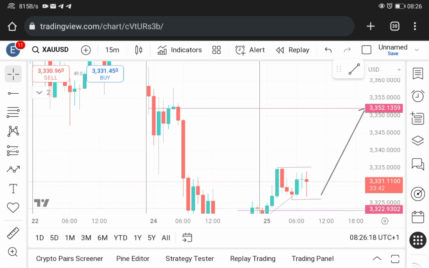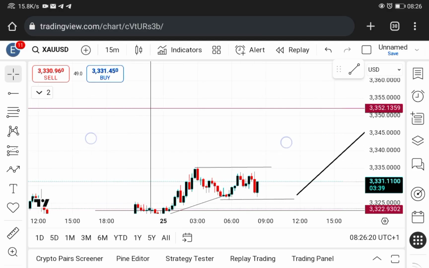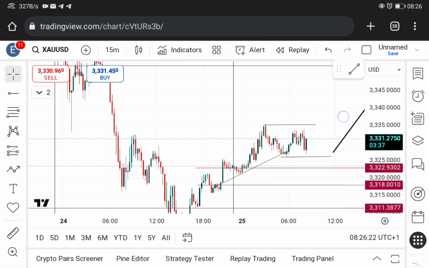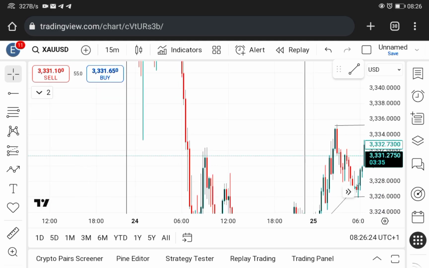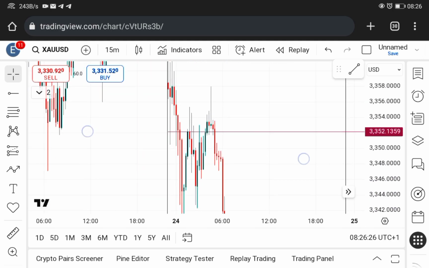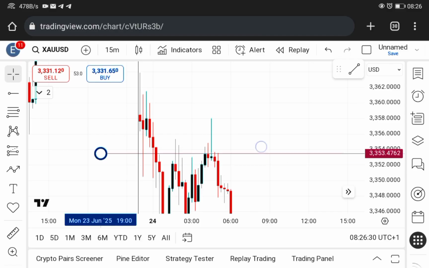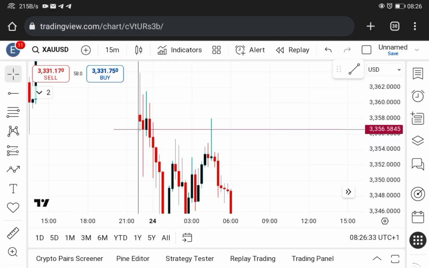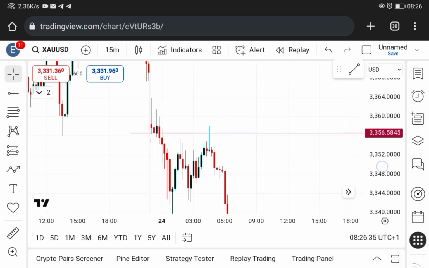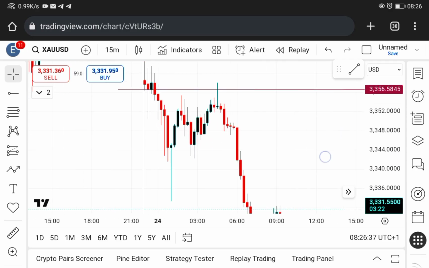This is what happened yesterday around 3 a.m. I was using a 20 minutes chart, but you cannot use that here. When I woke up, I saw this zone here. I didn't know when I slept off.